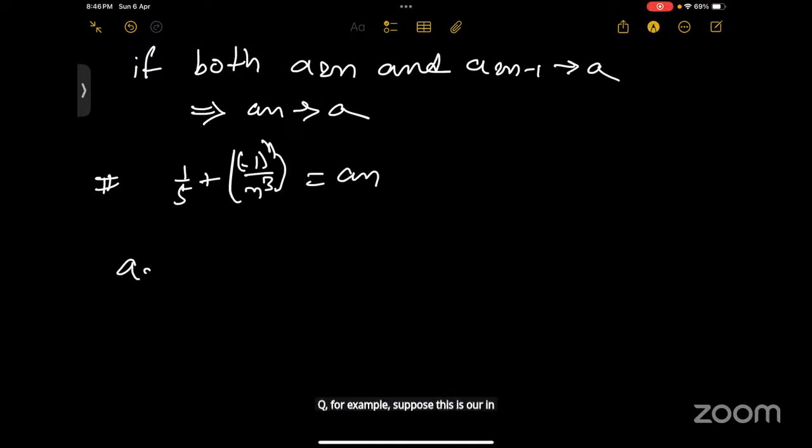So what is a_2n here? No, you have to collect the even terms from that sequence. So what will be the even terms? You have to put 2n instead of n. Okay, so my sequence here would be 1/5 plus (minus 1) to the power 2n by (2n) whole cube.